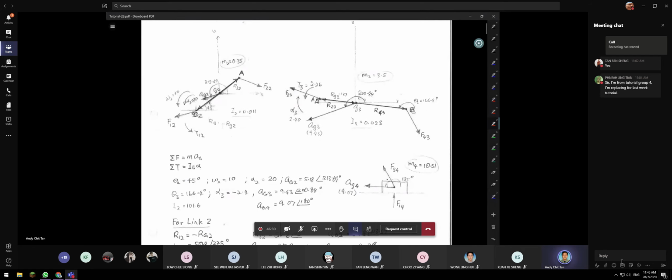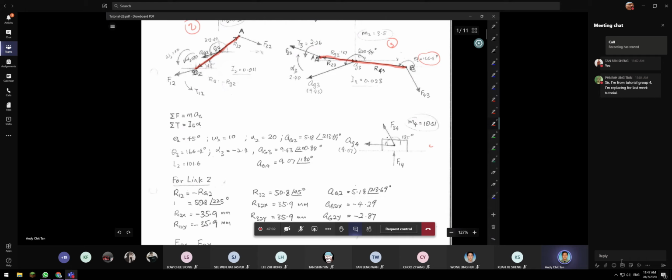What I did is I already know the dimension for link 2, so this is my given dimension for link 2, and this is my direction for link 3, which also includes this angle here. They're all given. So this is my link 3, this is my link 2, and this is my link 4.